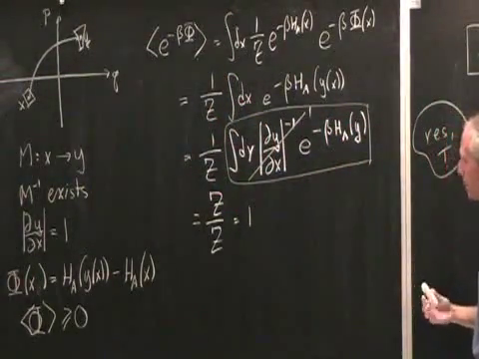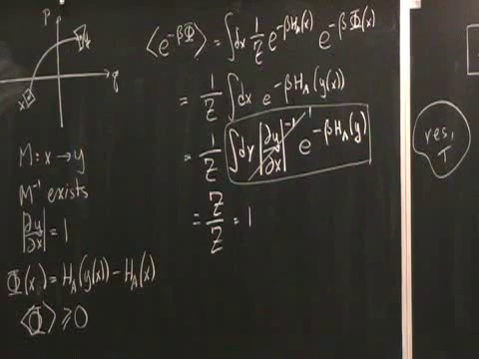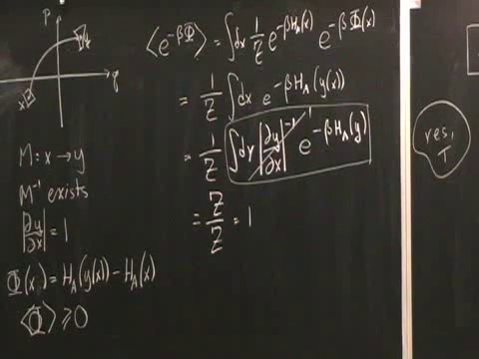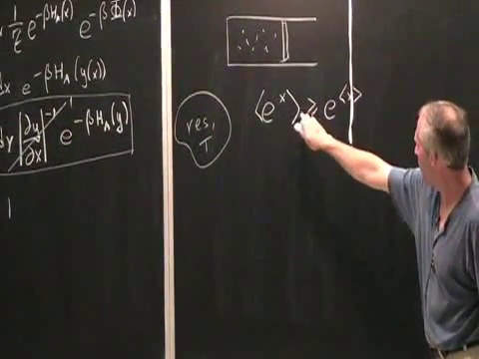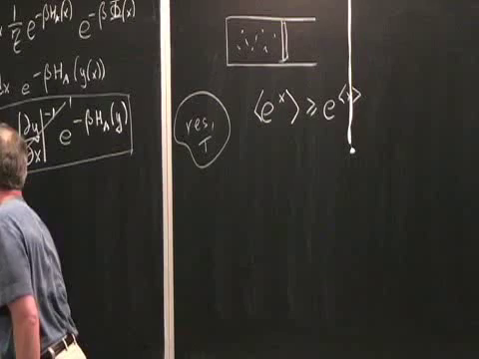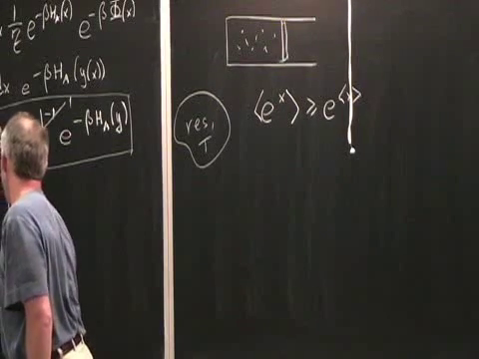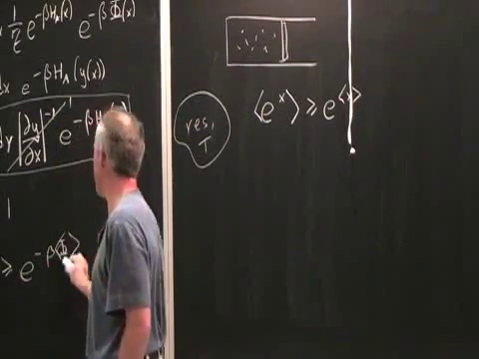And now we're almost there because there's a mathematical inequality, Jensen's inequality, that tells us that the average of e to the x is always greater than or equal to e to the average of x. Right? If you're not familiar with this, there's a simple proof of that somewhere later on in the notes. But take it on my word for the moment. So if I now combine this inequality with that equality, I have e to the minus beta phi is greater than or equal to e to the minus beta times the average of phi.